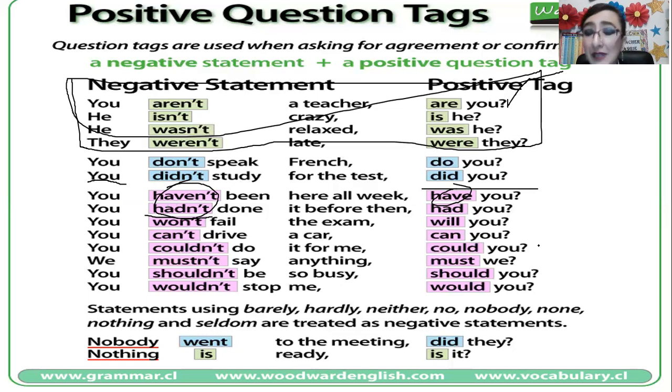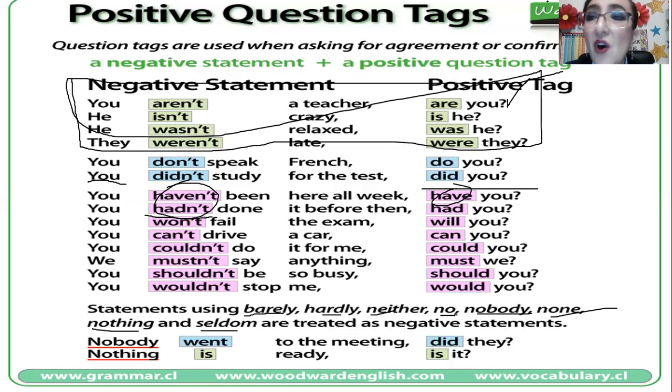But we are going to have some statements that are like sentences, right? But sometimes remember that the statement is not complete. When you have statements where you are going to be using words like barely, hardly, neither, no, nobody, none, nothing, or also seldom, they are going to have a negative feeling, if I can say it that way.